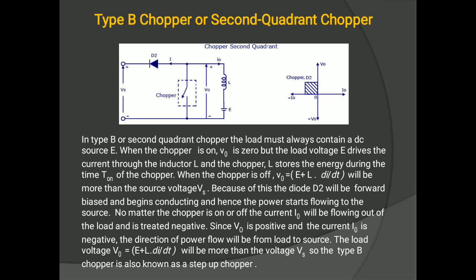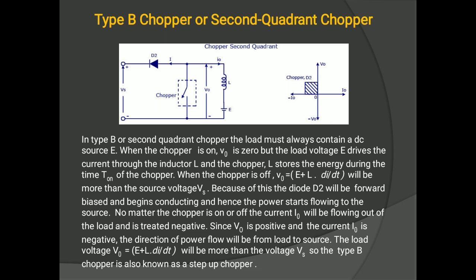Now, type B chopper or second quadrant chopper. Here, first note that load must contain a DC source E, like a battery, in this chopper. When chopper is on, output voltage equals 0, but load voltage E drives current through the L and chopper. Inductance L stores energy during T-on of chopper.